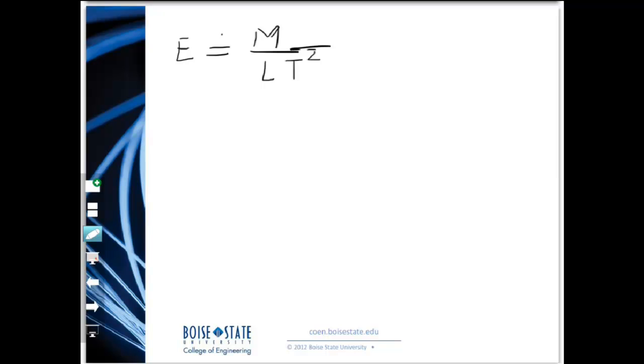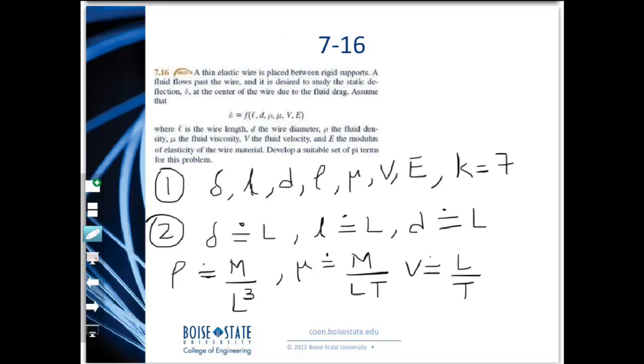Okay, and elastic modulus comes from the fact that stress is proportional to strain, so the constant which shows up there is basically E in that proportionality, and then strain doesn't have units. Stress is force per area, it's like a pressure, so that's why you have elastic modulus with the units force per area.